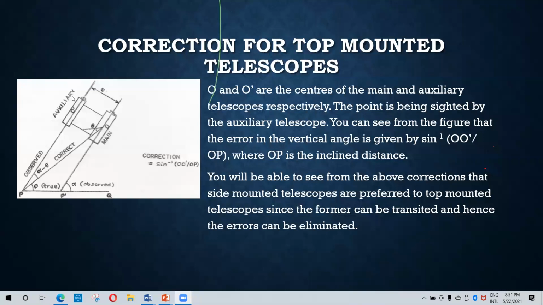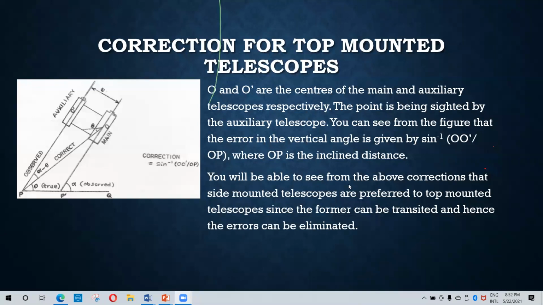The point has been observed through the auxiliary telescope. You can see from the figure that the error in the vertical angle is given by sine inverse of OO dash divided by OP, right? OP from here to here, where OP is the inclined distance.